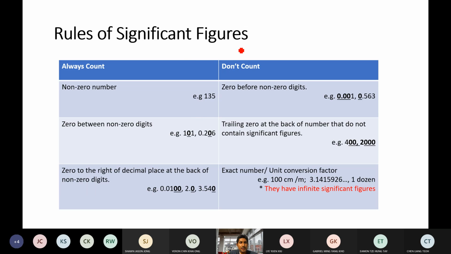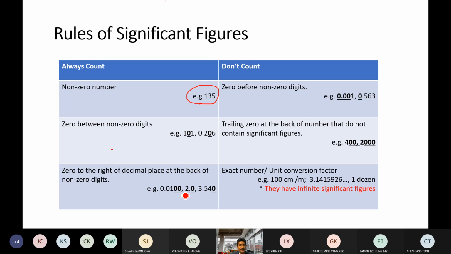How do we calculate or count the significant figures? Non-zeros always count. Everything non-zero should be counted. The zeros between non-zeros, whether before or after the decimal places, should always be counted.